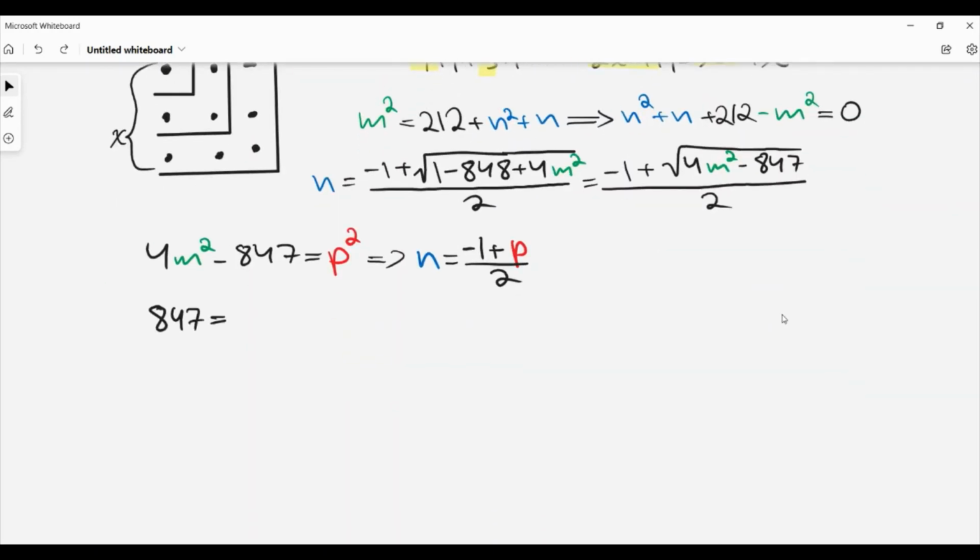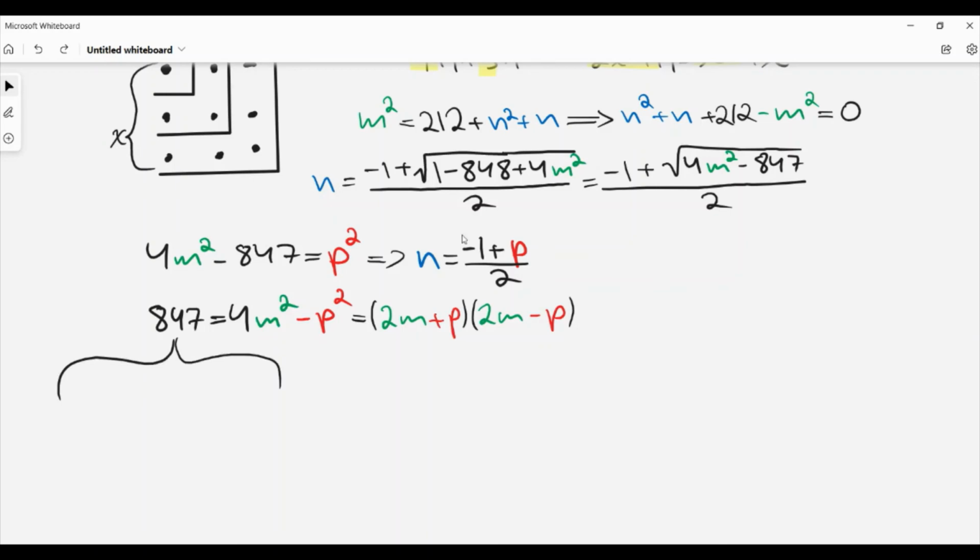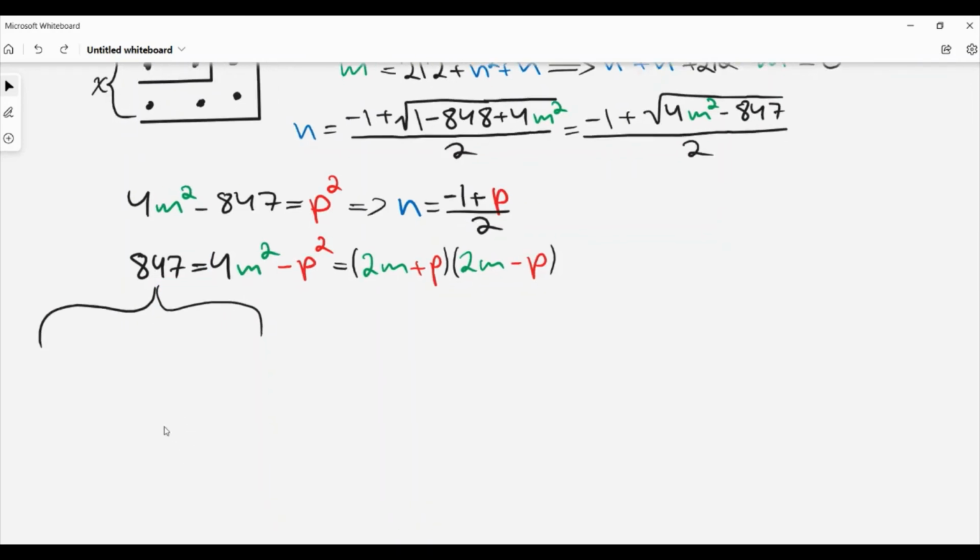and then add them. So first we rearrange our equation like this, and the right-hand side is nicely factored as a difference of 2 squares. And now, obviously, these two are integers. These two have to correspond with some integer factors of 847. And the factorization of 847 is, in fact, 7 times 11 squared.